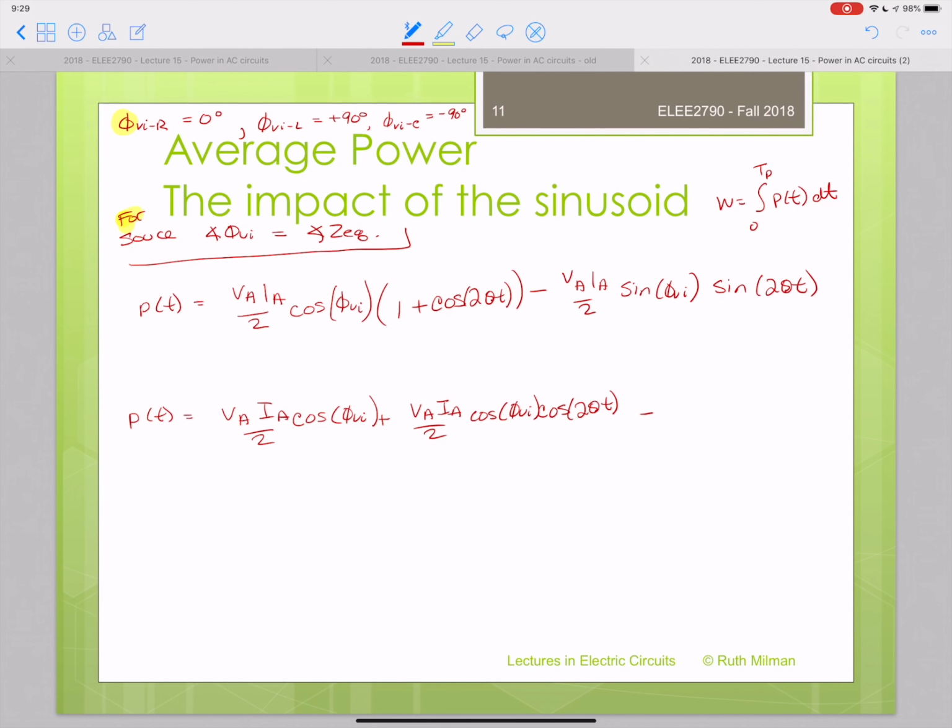And then we have the minus VA IA over 2 sine of the phase shift term times the sine of 2 theta t. If we want to understand the impact of the sinusoids on average power, we take the integral of each of these parts.